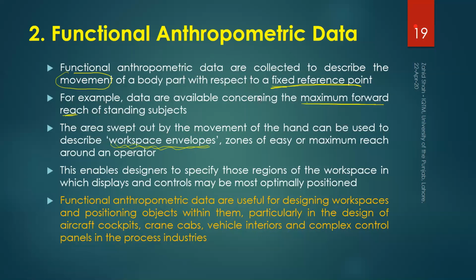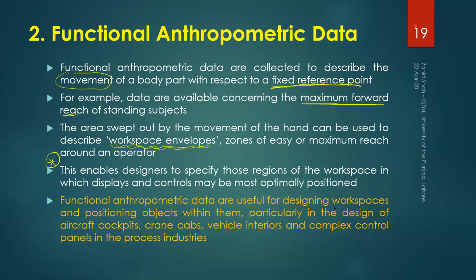That is something we also discussed when we covered principles of motion economy in work study. This enables us to specify those regions of the workspace in which displays and controls may be most optimally positioned. That is one example of the use of this type of data.